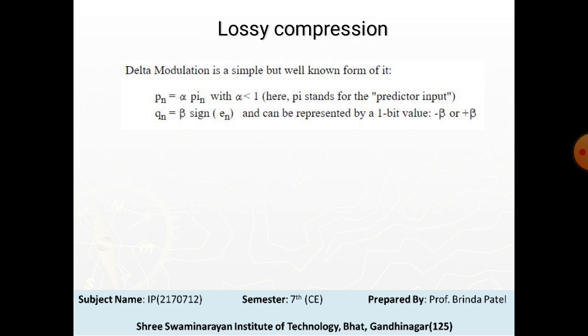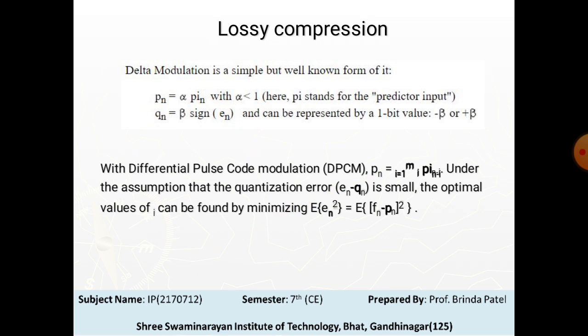Delta modulation is a simple but well known form of it. P_n is equal to alpha times p_i with alpha less than 1, where p_i stands for predictor input, and q_n is equal to beta times sign of e_n and can be represented by a 1 bit value, minus beta or plus beta.